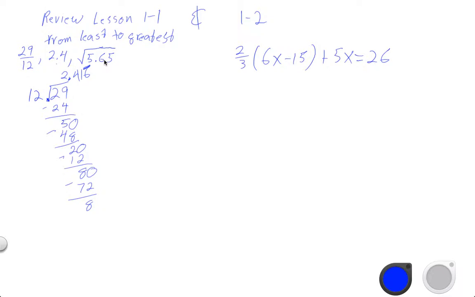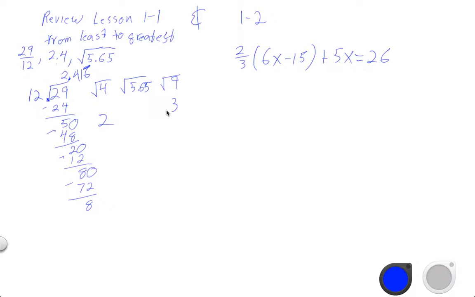Just by estimating. For this one you probably just want to put it in a calculator because it's going to be pretty close to these, I think, but let's look at it. Okay, so the square root of 5.65 is somewhere between the square root of 4 and the square root of 9, so it's between 2 and 3.